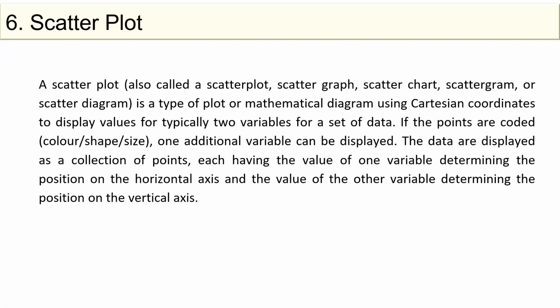The data are displayed as a collection of points, each having the value of one variable determining the position on the horizontal axis, and the value of the other variable determining the position on the vertical axis.